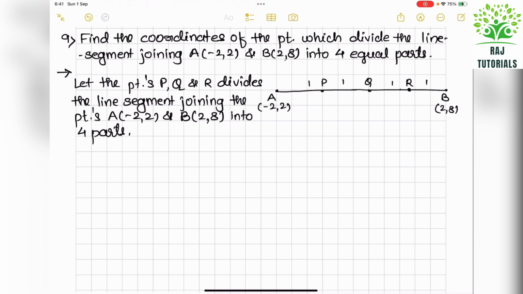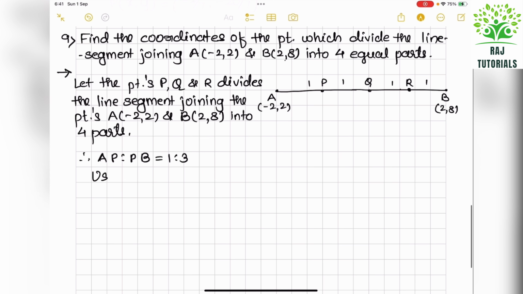That means AP will be one part, PQ will be equal to 1, QR will be equal to 1 and RB will also be equal to 1. So therefore I can say AP is to PB will be 1:3.